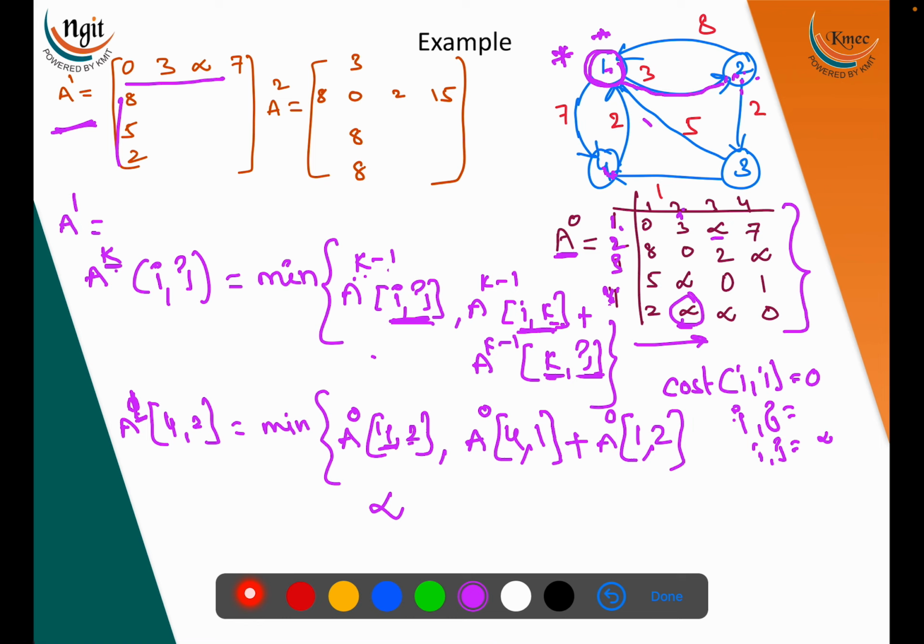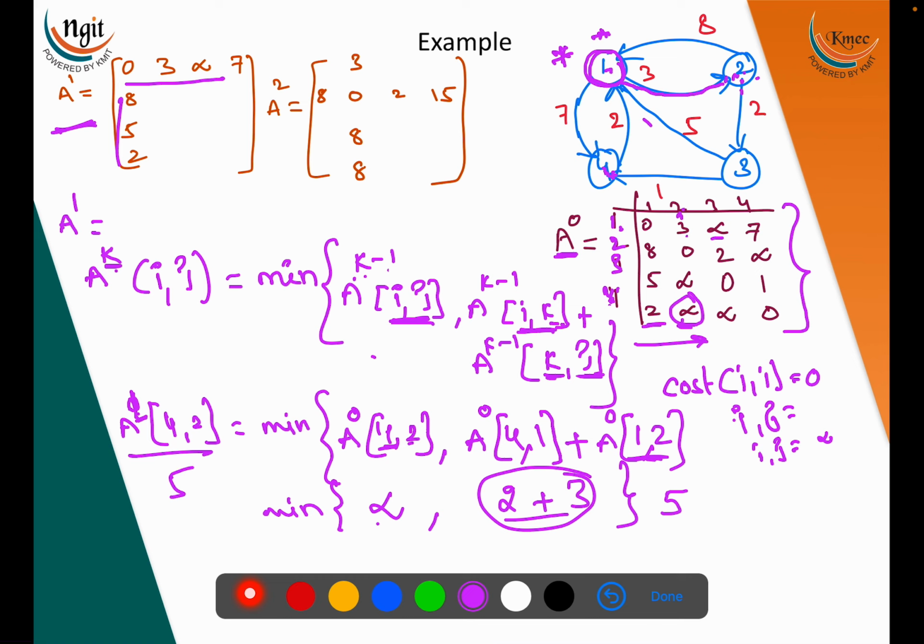Now 4 comma 1, do you have any value? Yes, which is 2. Plus 1 comma 2, do you have any value? Yes, 3. Among these two, which is minimum? Minimum of infinite and 2 plus 3 is 5. So we will take 5 for this value.